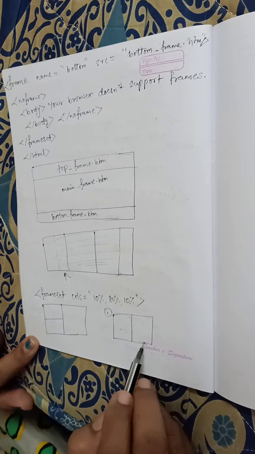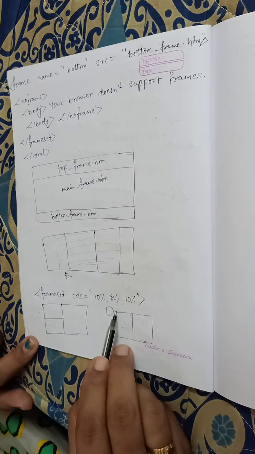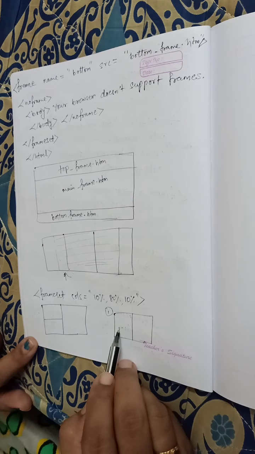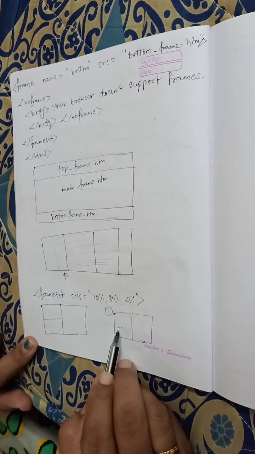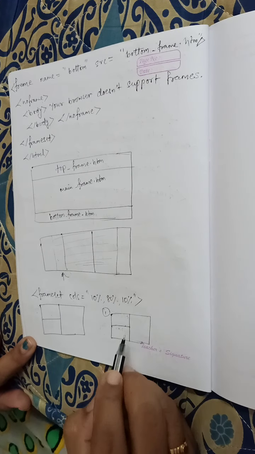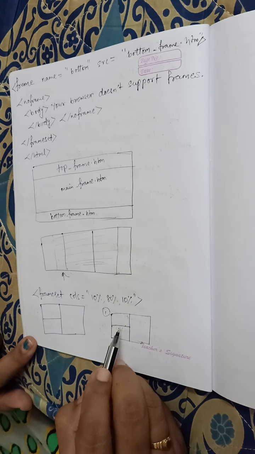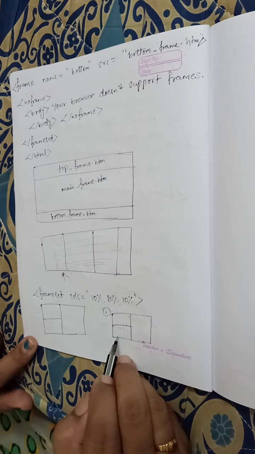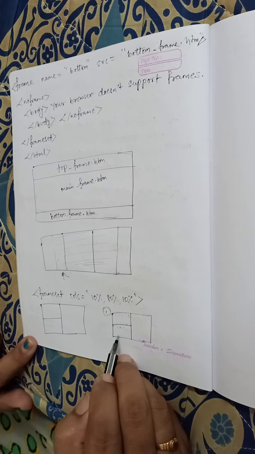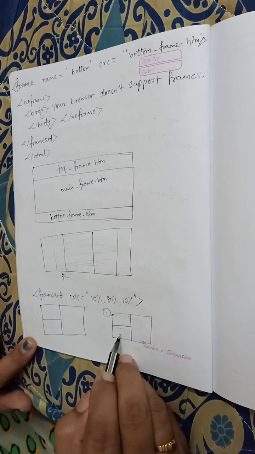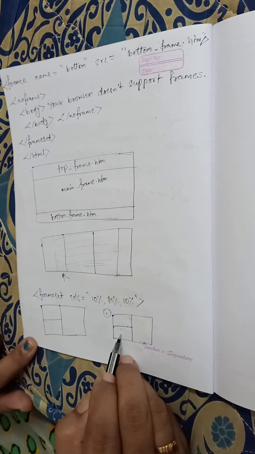Already for the total window, a frameset tag has been used. Within the frameset, again a frameset has to be done, because the frame has to be divided. So this first frame, which was column-wise, will now be divided again in a row-wise manner, so 2 row-wise frames will be there.